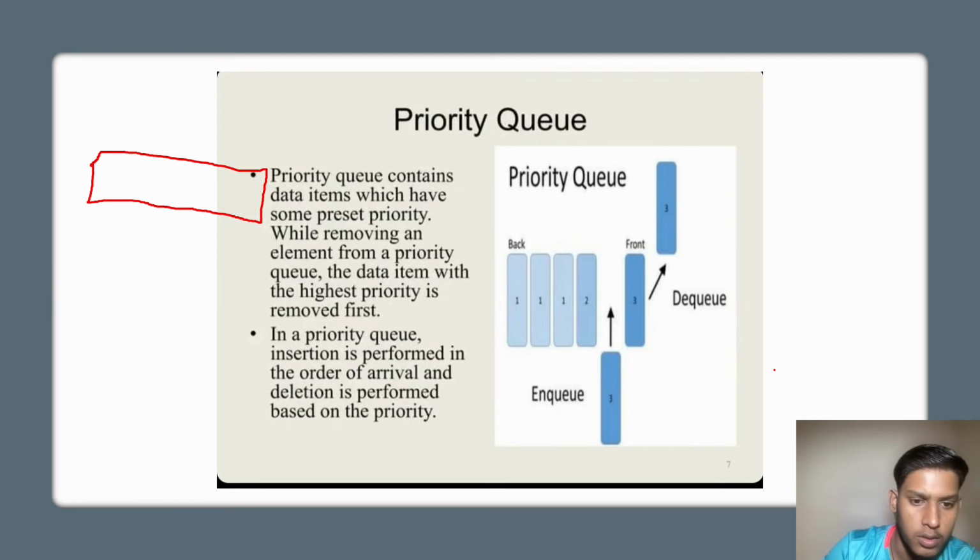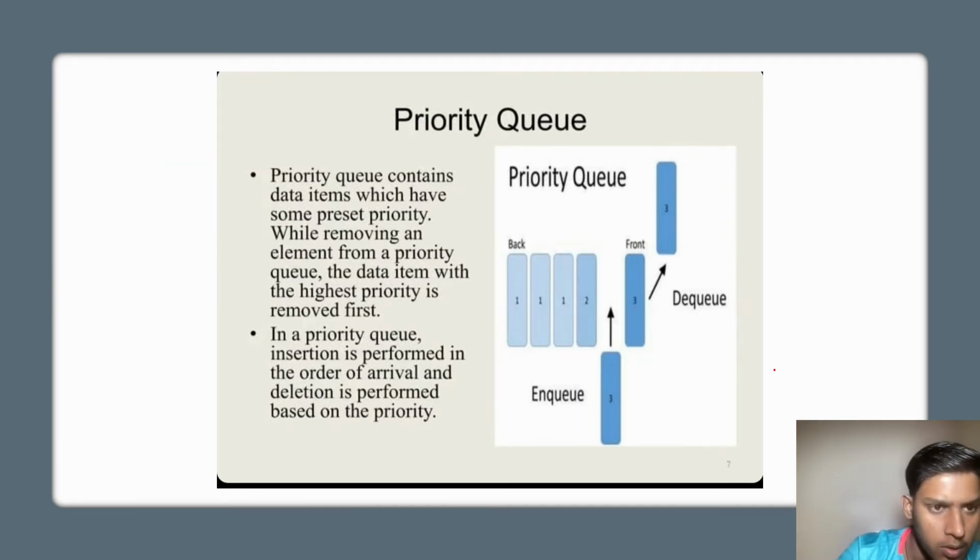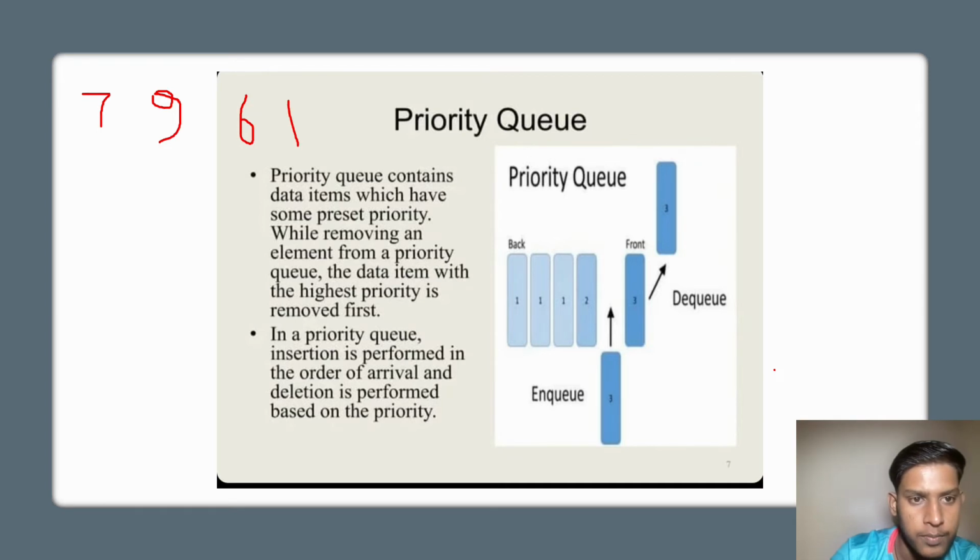I took elements like 7, 9, 6, 15 and 27. The priorities are 1, 2, 3, 4 and 3.